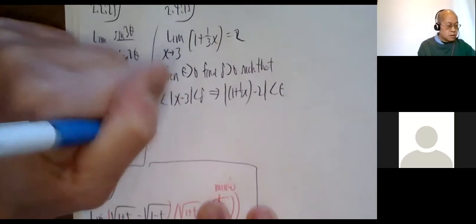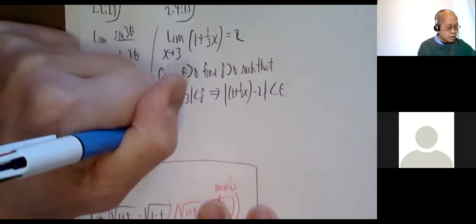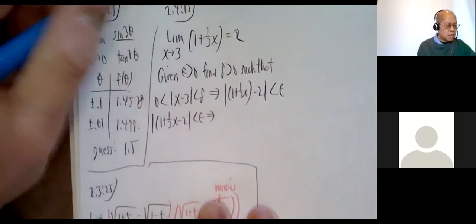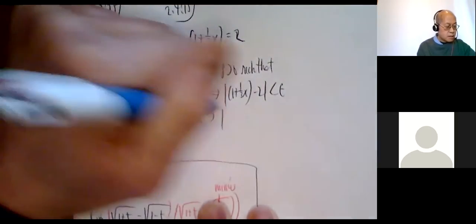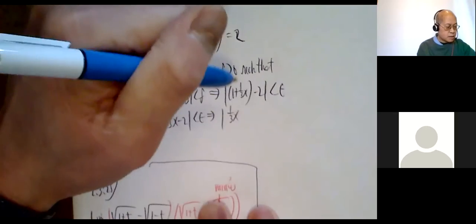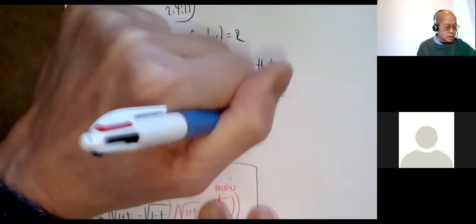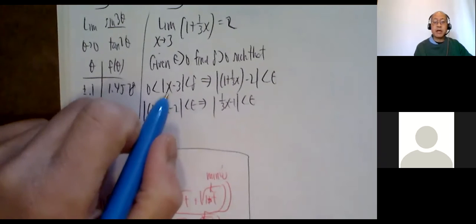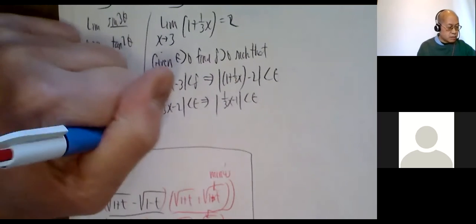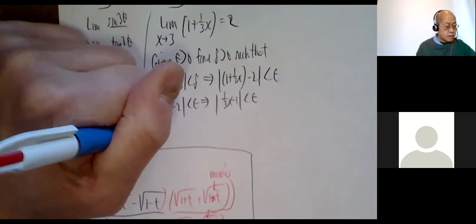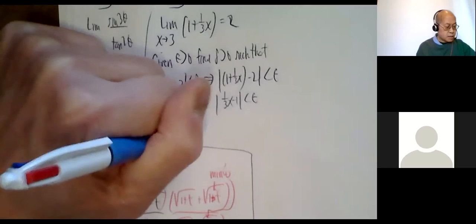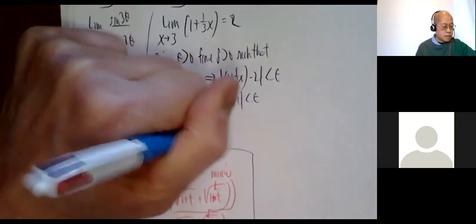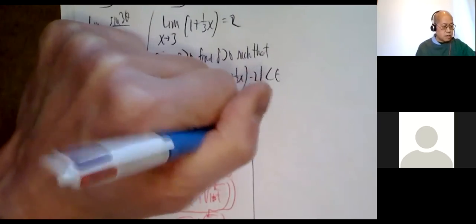So the absolute value of 1 plus 1/3 x minus 2 less than epsilon implies 1/3 x minus 1 less than epsilon. If I multiply both sides by 3, that gives me x minus 3. So that implies the absolute value of x minus 3 is less than 3 epsilon. So let delta equal 3 epsilon.